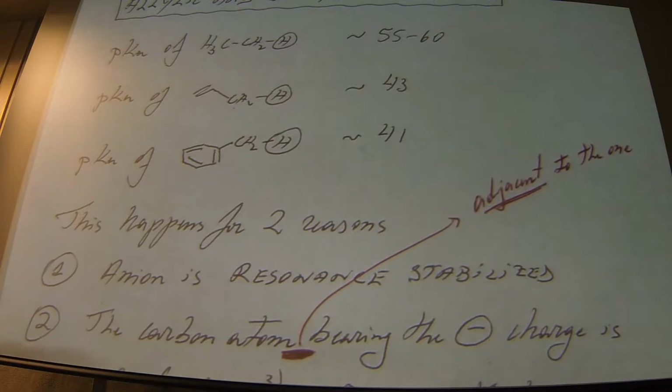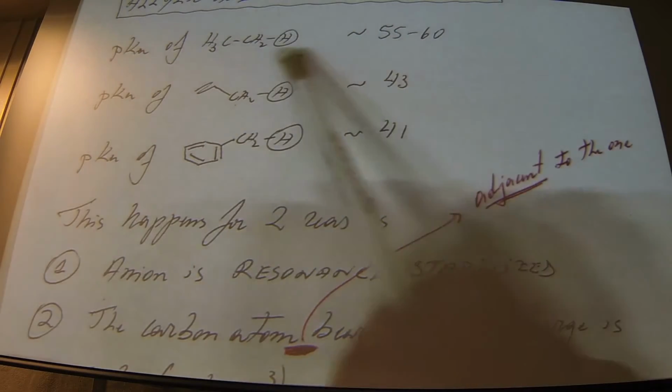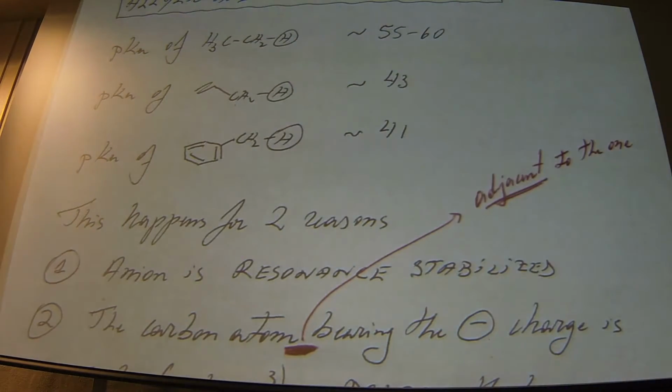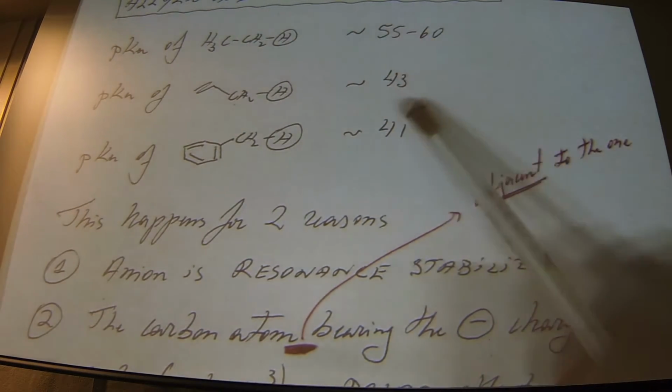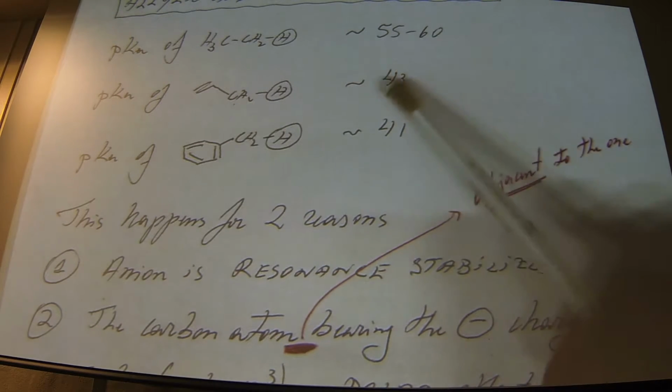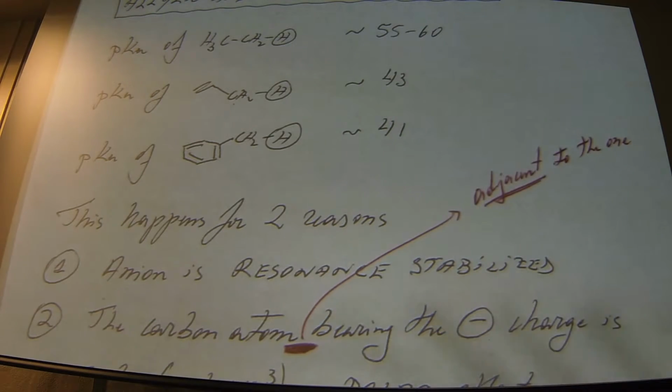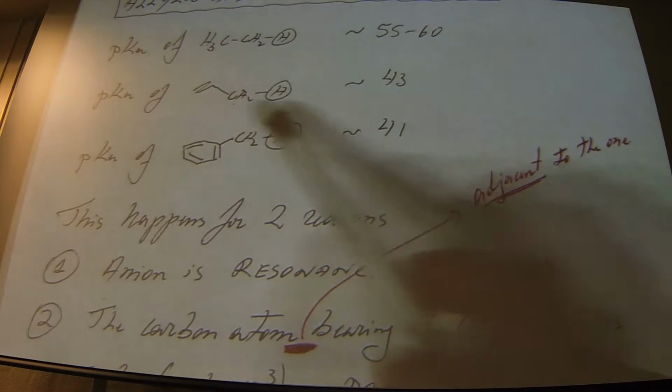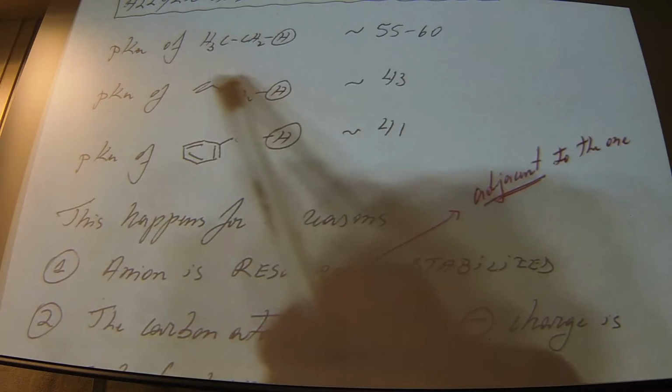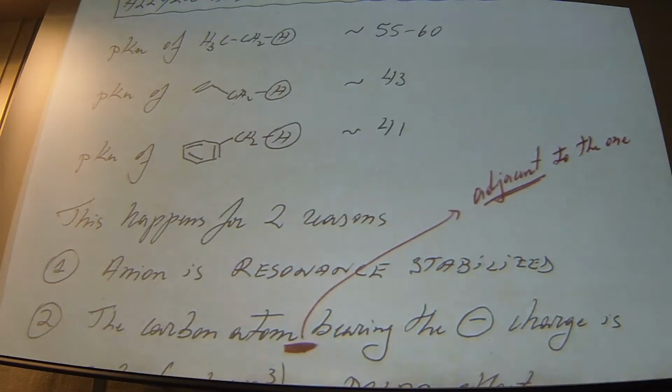As I've told you, a number that big is completely meaningless. And so it just tells you that this is essentially not acidic at all, but there's a big, big difference here. And we're looking at almost 20 powers of 10. And so getting the allylic carbanion is much easier than getting the ethyl carbanion.